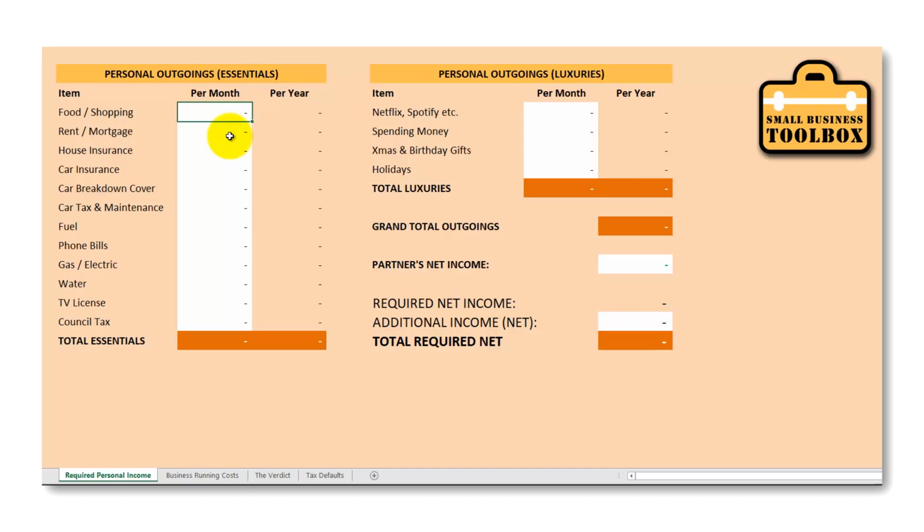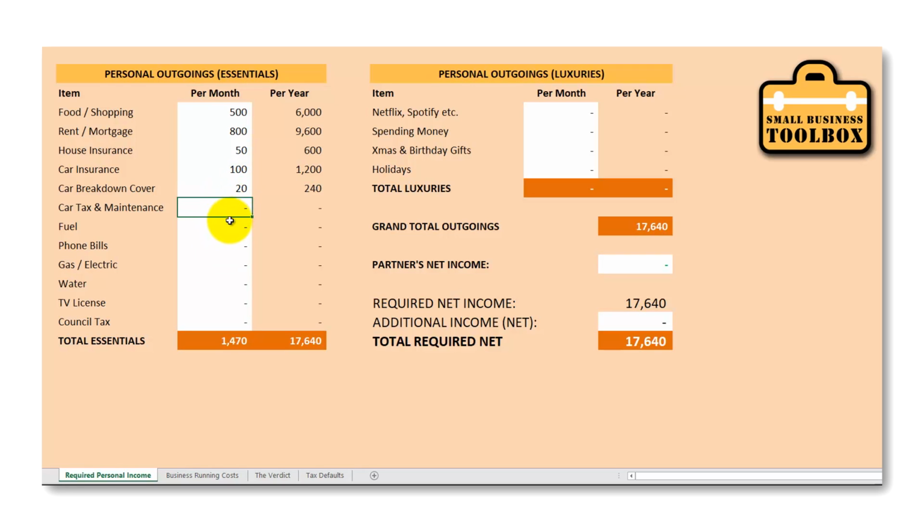And let's say, okay, food and shopping, £500 a month. Rent and mortgage, £800 a month. House insurance, 50. Car insurance, how old are you? 100 a month. Breakdown cover, let's say 50 a month. That's probably a bit much, 20.